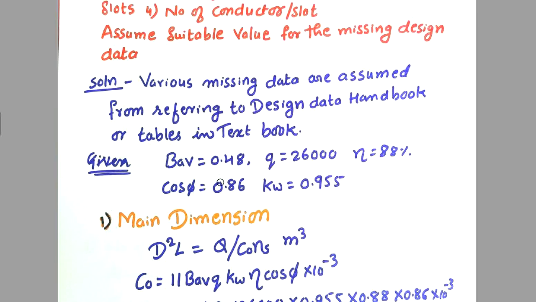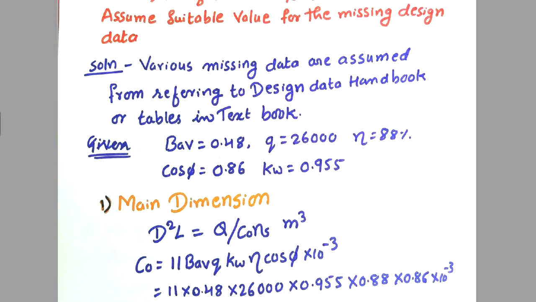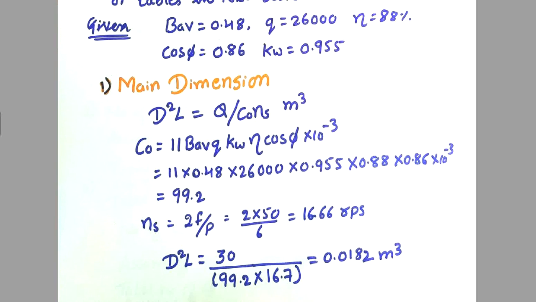Right now they have assumed the flux density is 0.48, specific electric loading is 26,000, efficiency 88%, cos phi is 0.86, and window factor is 0.955. So here are the main dimensions.